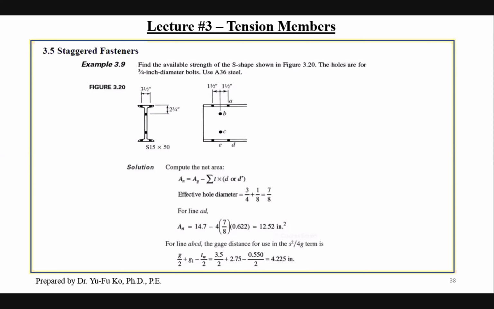For staggered fasteners, as we discussed on Monday, there are a few possible failure paths. If you look at this side view, can you tell me what would be the possible valid failure paths? A, B, C, D, great.